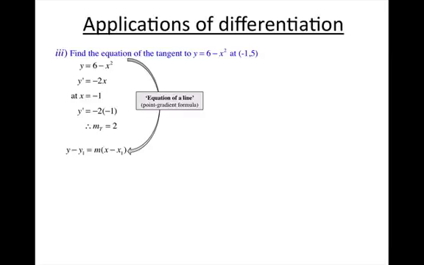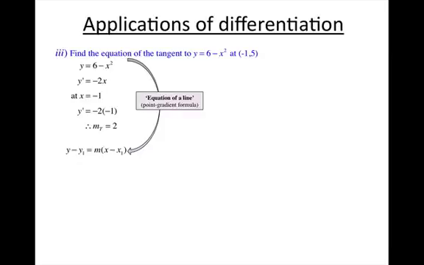It's known as our point gradient formula. Why is it known as that? Well, when we find it, we need to find a point and a gradient in order to find the equation of the line. Hence the point gradient formula. Pretty innovative naming technique there.